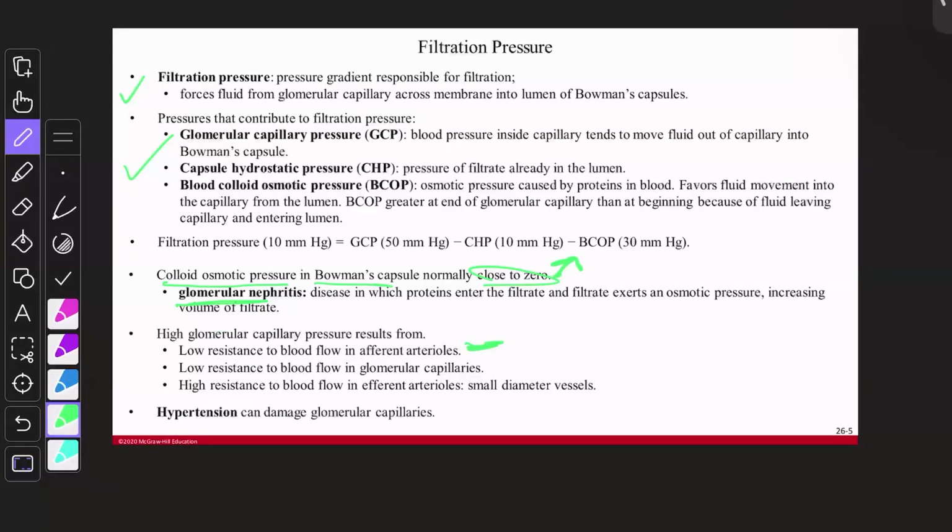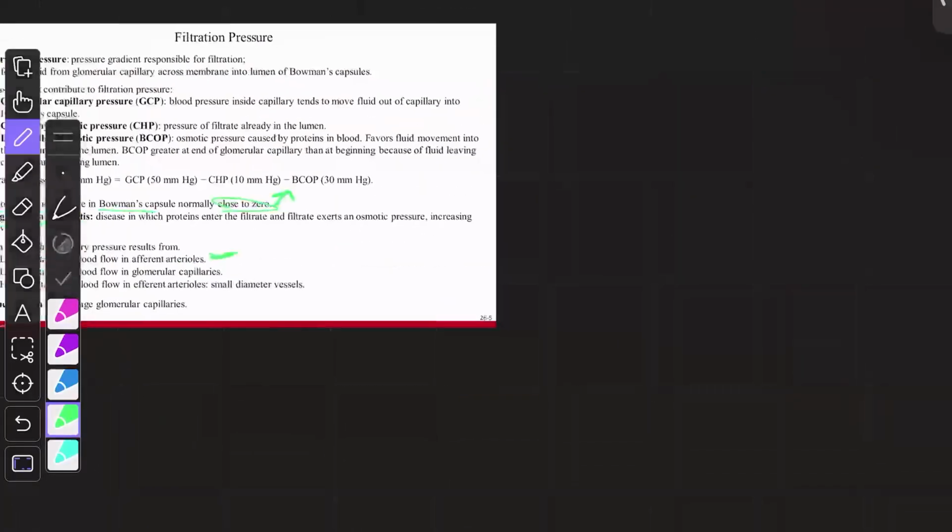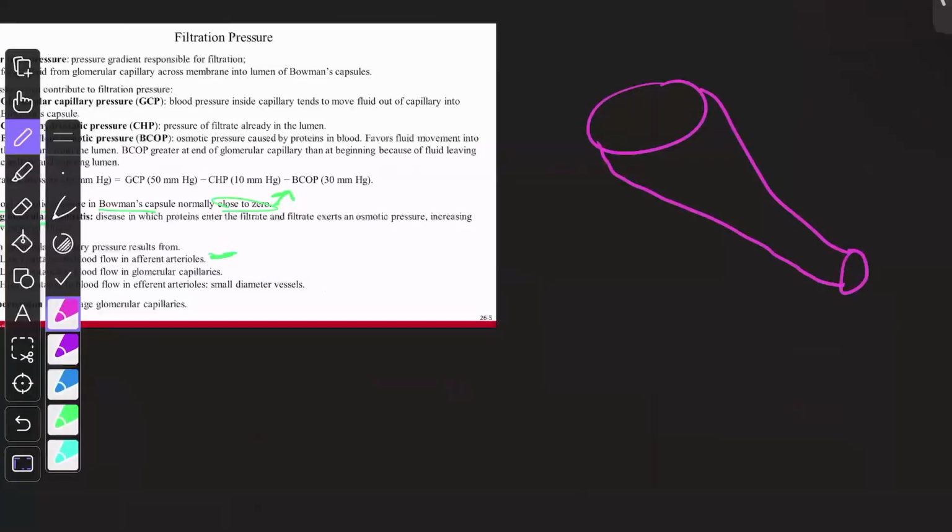Because I have more volume of blood. Yes. So remember, we have our tube, right? And that tube narrows, right?